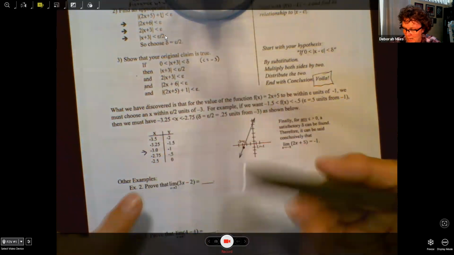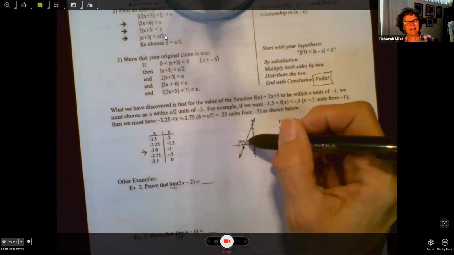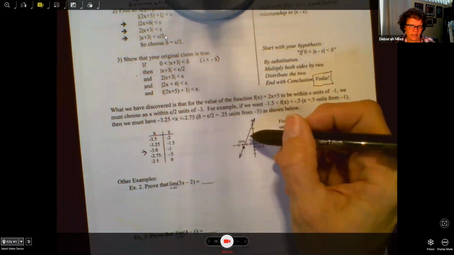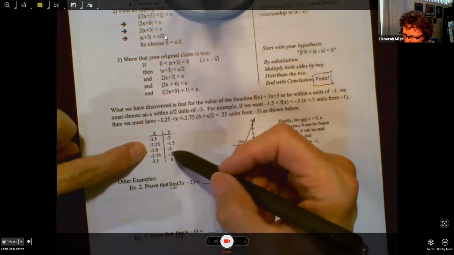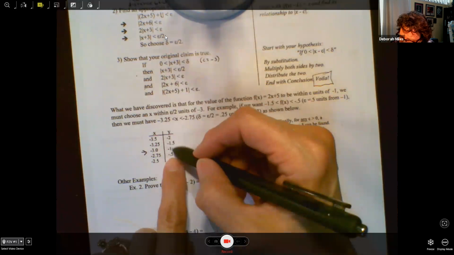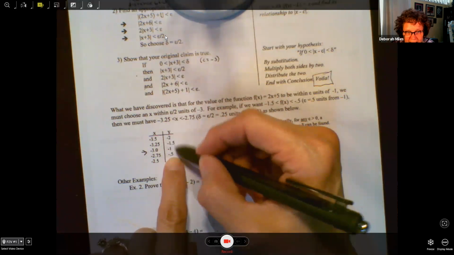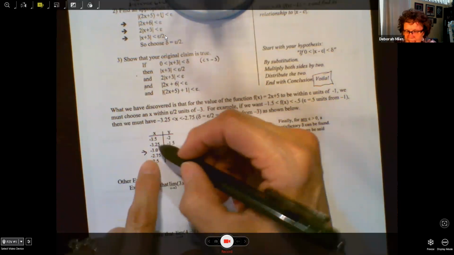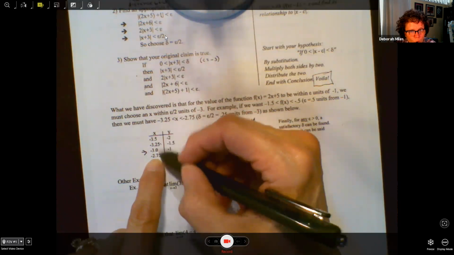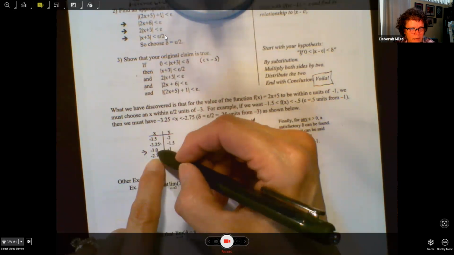But in another function that I couldn't actually let x be -3, say there's a hole in the graph at -3, I can still show that I can make y be within a half a unit of -1 by letting x be within a quarter unit of -3.